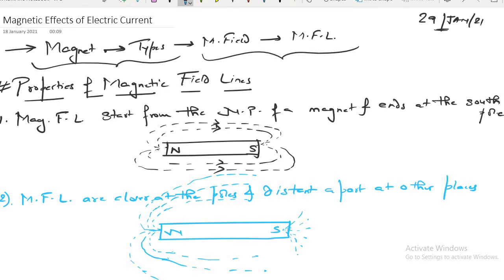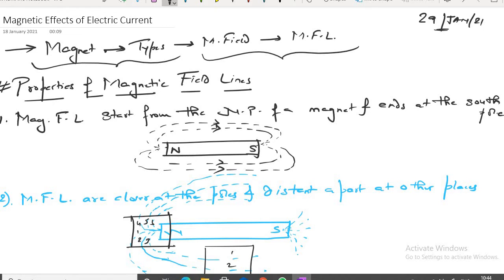You can see at the north pole how many magnetic field lines are there? Sir, 1, 2, 3, 4, 5, 6. You can see 6 magnetic field lines coming out from the north pole, and anywhere else, let us take this section, you can see 1, 2, 3. Only 3 magnetic field lines.